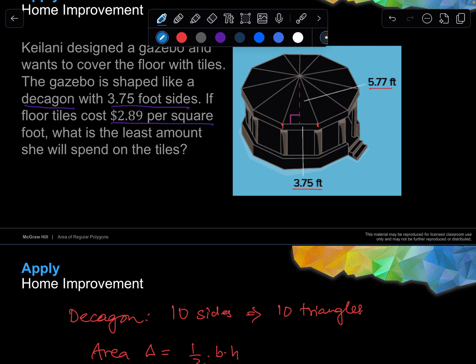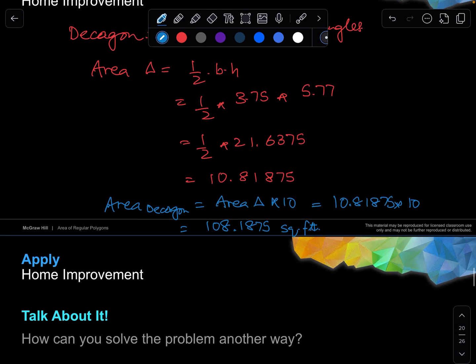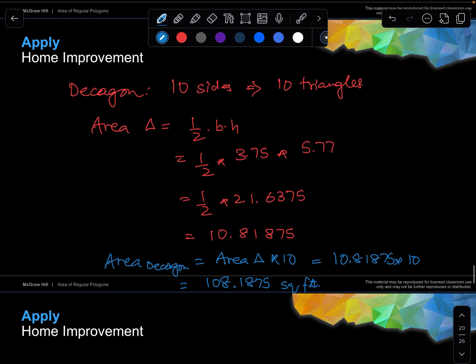What is the next thing we need to find out? We need to find out the cost. We're given the cost of tiles per square foot. So our next step is to find the cost of tiles, right? Let's do this. I don't have much space, so I'm just going to do this on this side.